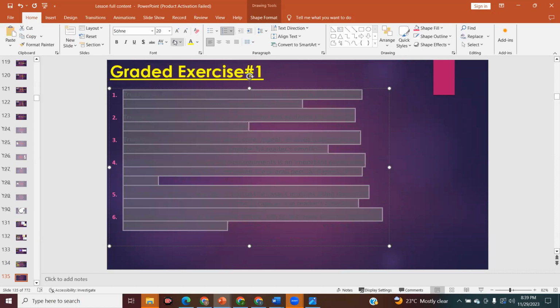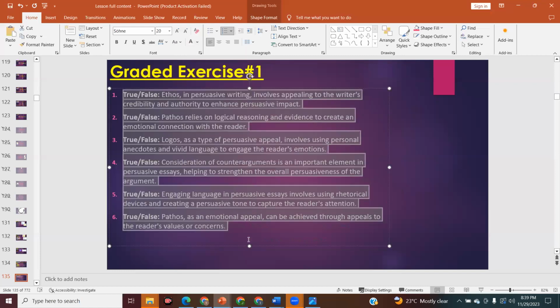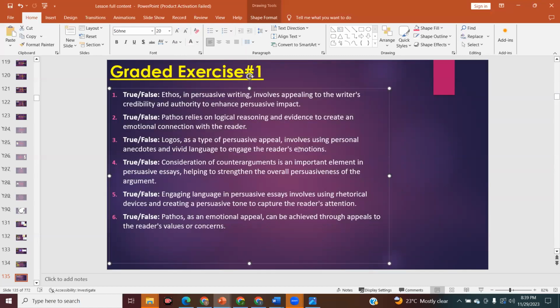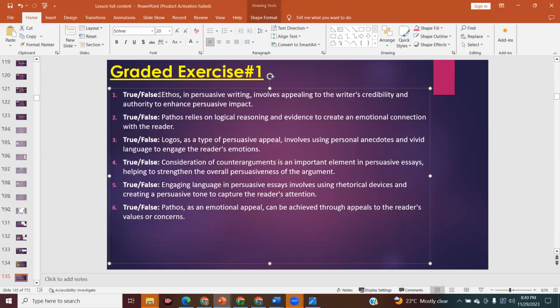So true or false. Let me change the color of this so you can see it. So write true or false. I'm only giving you 6 of them. So write true or false based on the answers that we have. Make sure to write the question down, please.